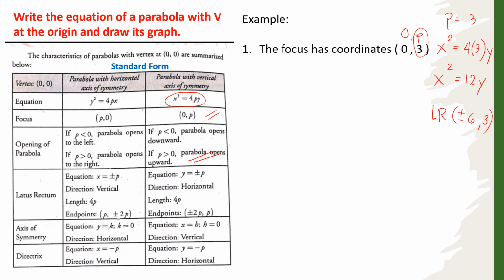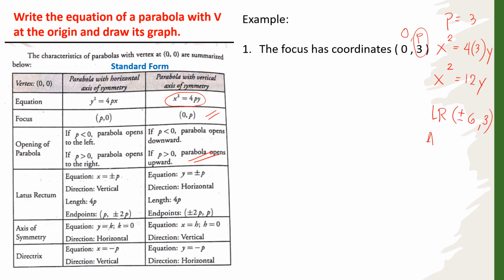Then the axis of symmetry, x equals h. Okay, x equals h. So, axis of symmetry, x equals h, meaning to say, ano ang axis of symmetry natin? Y-axis or x-axis?